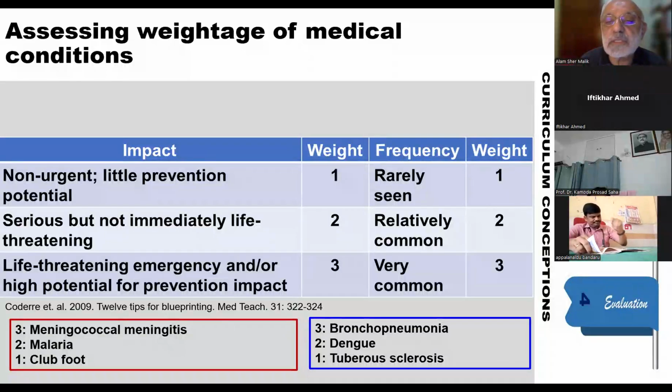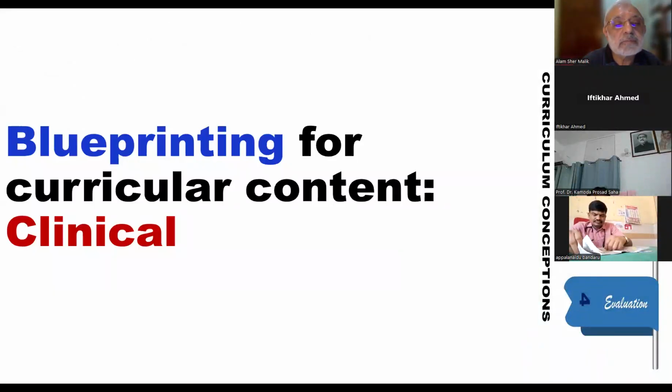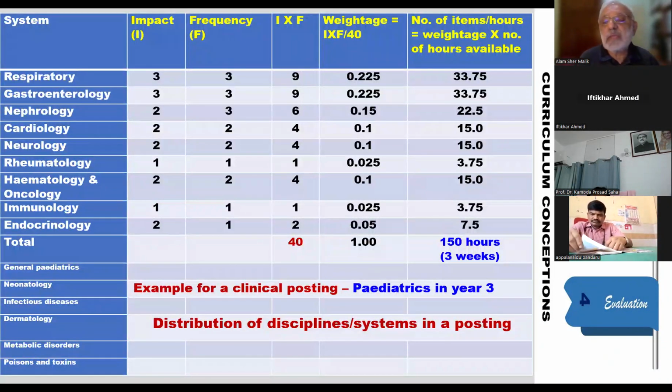Tuberous sclerosis is rare, the weightage would be 1. So for each condition from our exhaustive list, we analyze each condition based on the impact and frequency. And once we have done that, we calculate, as I mentioned in the assessment table.